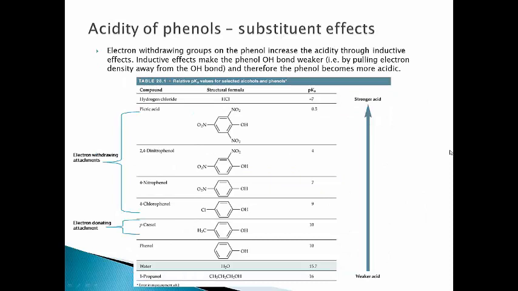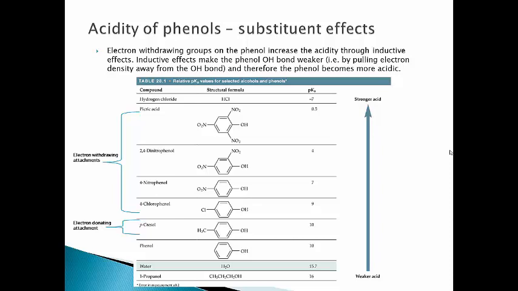Okay, so let's have a look at how the substituents coming off the benzene ring can affect the acidity of that phenol. To make a phenol acidic, remember an acid gives up a proton. So to make this phenol give up that proton, we want to make that phenol OH bond weak.